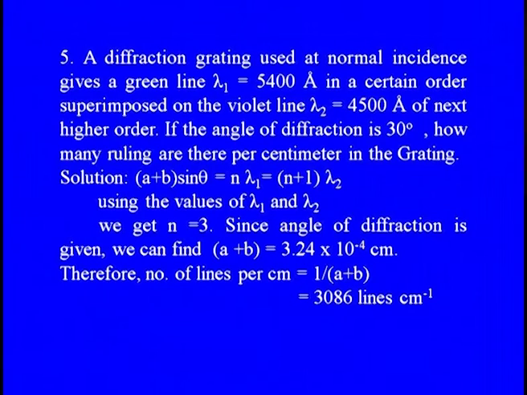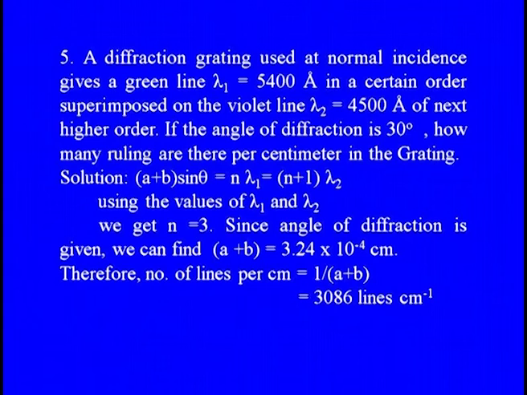If the angle of diffraction is 30 degree, how many rulings are there per centimeter in the grating? According to the problem, (A + B) sin theta will be equal to n times lambda 1, which will be equal to (n + 1) times lambda 2. Now putting the values of lambda 1 and lambda 2, we get n equal to 3.